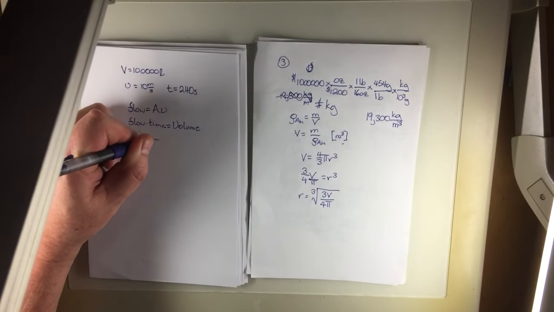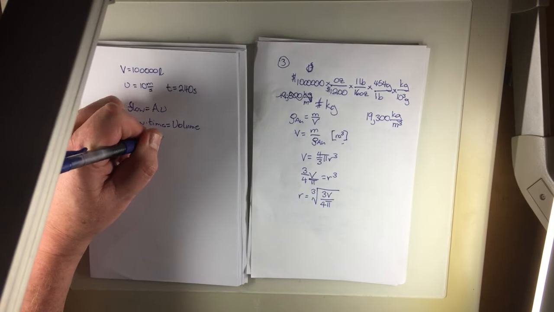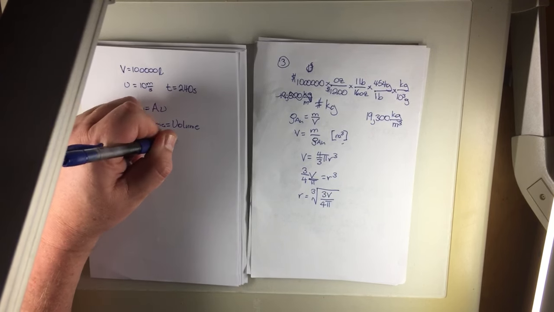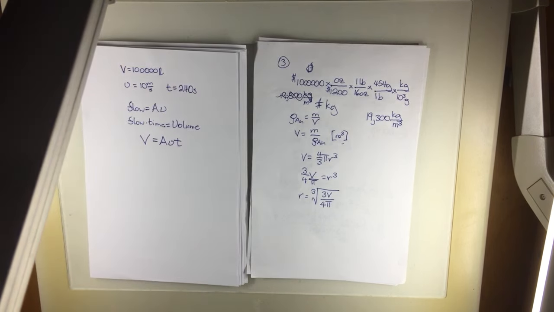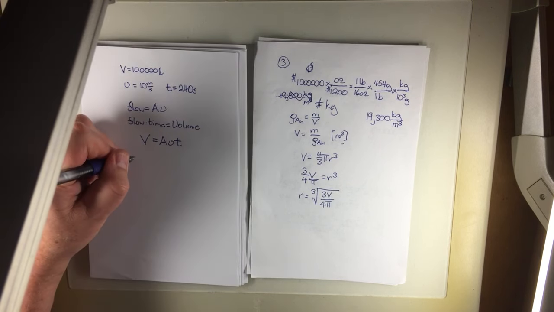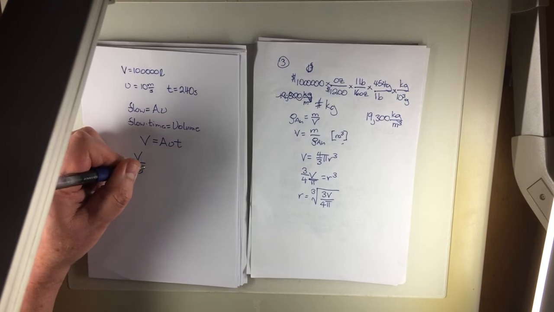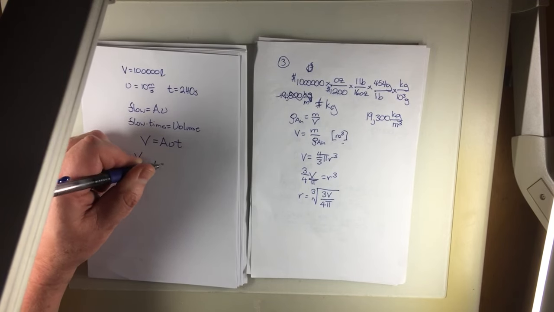So volume is equal to area, velocity, times time. And we're looking for time. So volume over area, velocity is time.